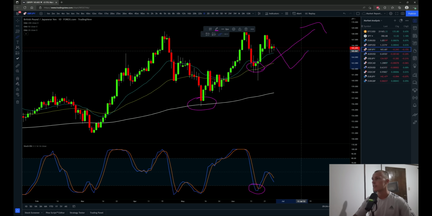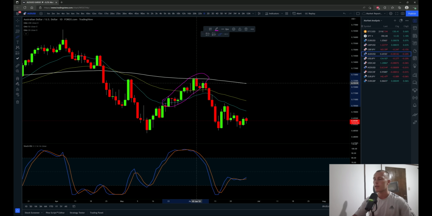Now, Australian dollar against the US dollar under the 200 exponential moving average. So we're looking at a downtrend, looking for any opportunities to short. Now, right now, price is extended to the downside, so it's just not a great time to get in. The time to look for shorts was throughout this area here.